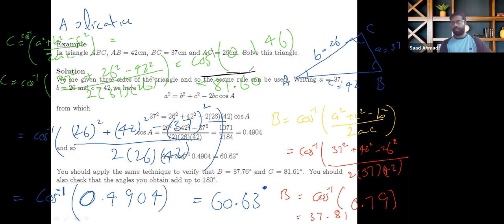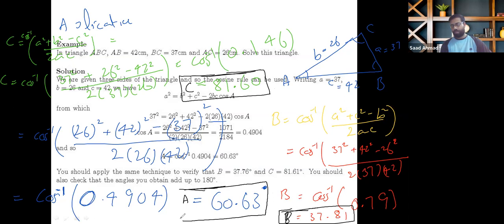So we got this, that's the C. We got B, and we got the A. Okay, is it clear?